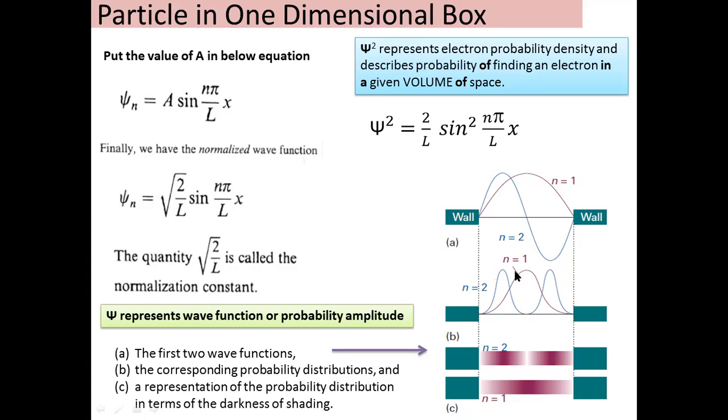The maximum probability of the electron would be here, and another position is here. So there are two positions in the second energy level where you can find the maximum probability of the particle, over here and here, and this is also indicated with the shades. Here you can find the electron, and here you can also find the electron.